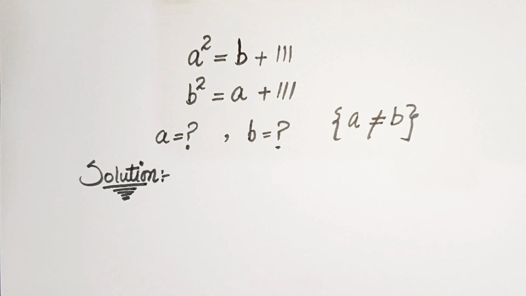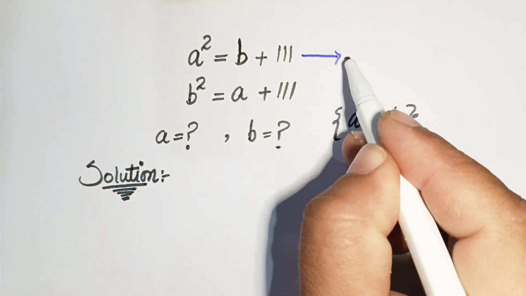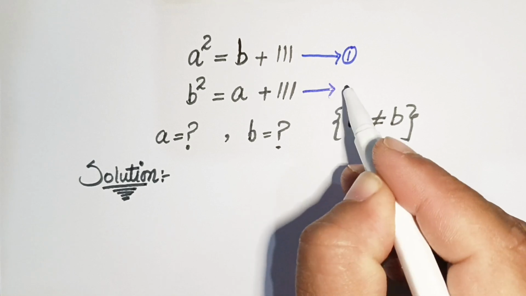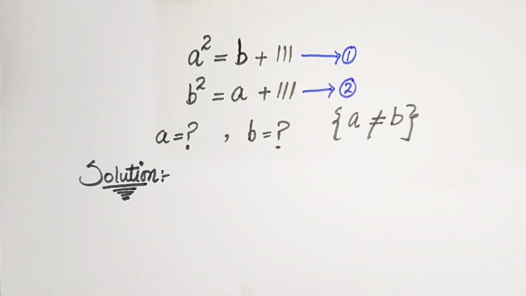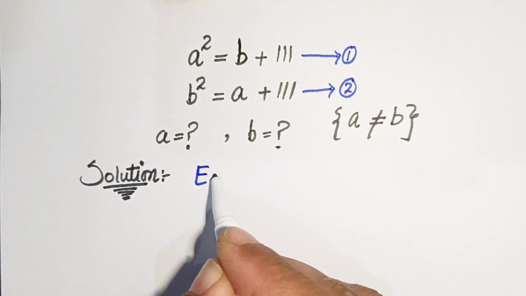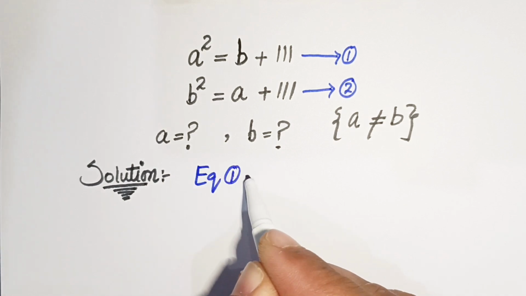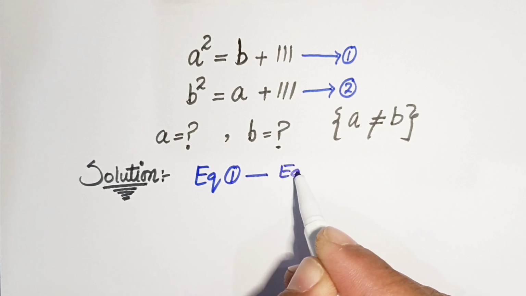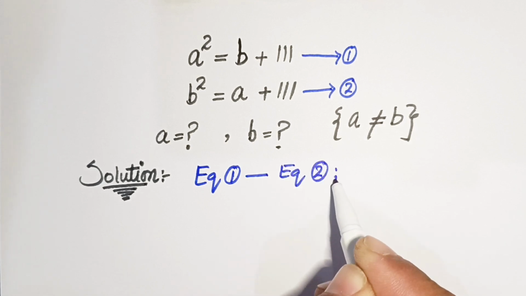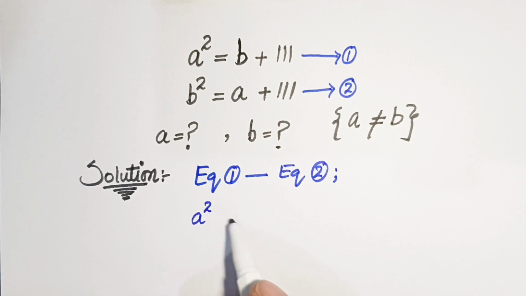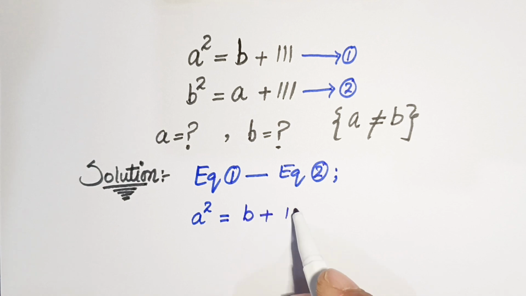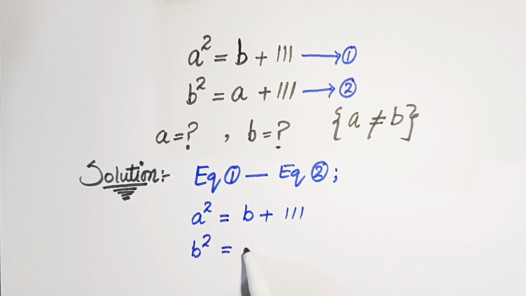So first of all, we just write this. It is our equation 1 and it is our equation number 2. Now, if we subtract equation 1 and equation 2, then we have the left hand side of equation 1, that is a squared is equal to b plus 111, and similarly the second equation is b squared is equal to a plus 111.